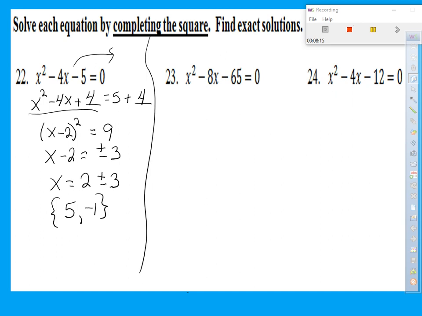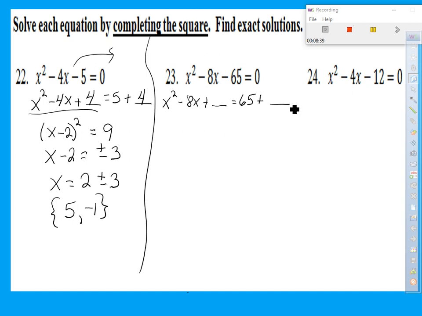Here goes our number 23. Notice that you do not know the square root of 65. So we got to make the left-hand side a perfect square trinomial. So step number 1, write this as x squared minus 8x plus blank equal 65 plus blank.